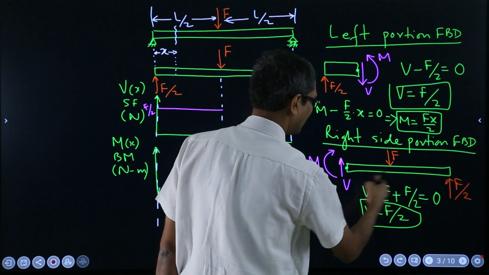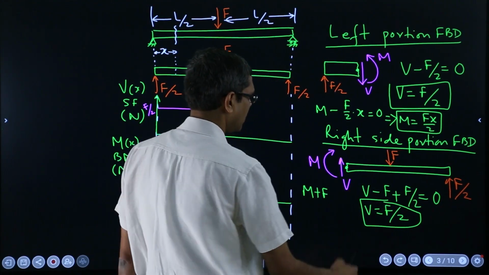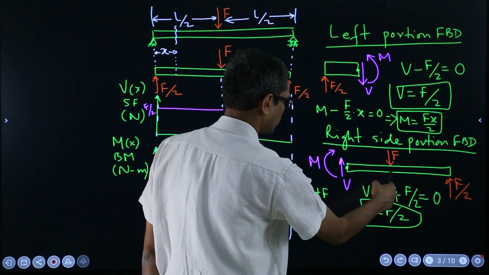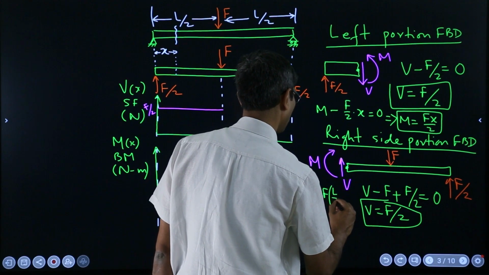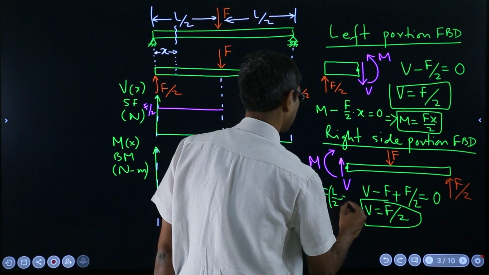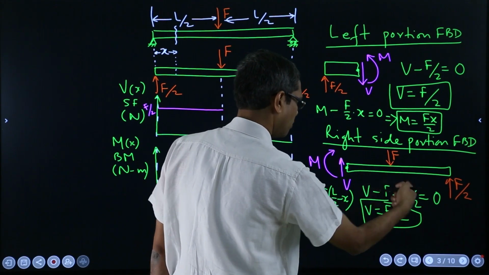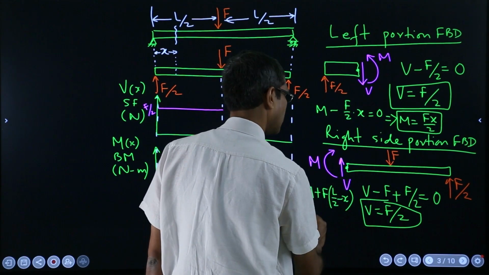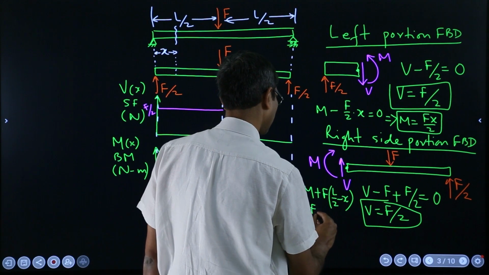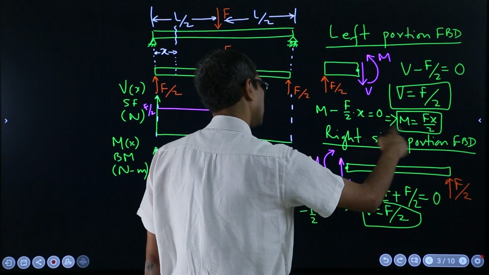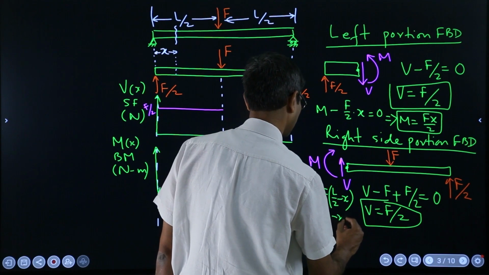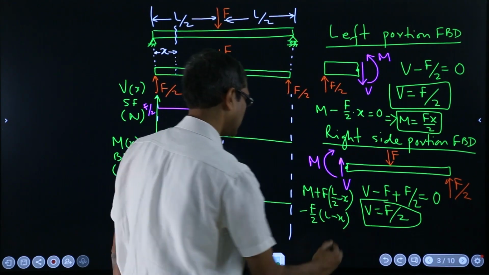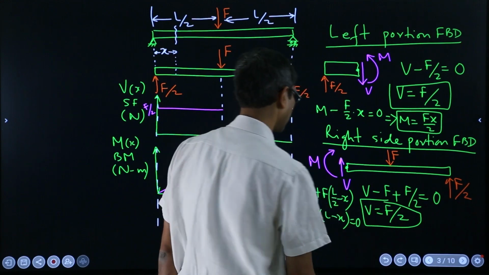This is L minus x minus L by 2. So okay, this is L by 2 minus x, so L over 2 minus x, plus minus F over 2 times L minus x. It is equal to 0, right.